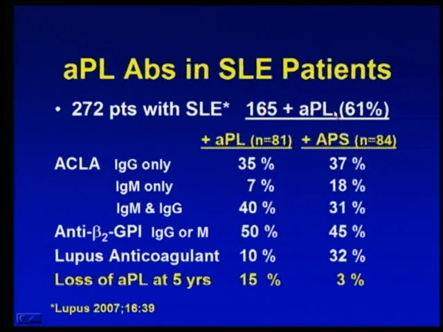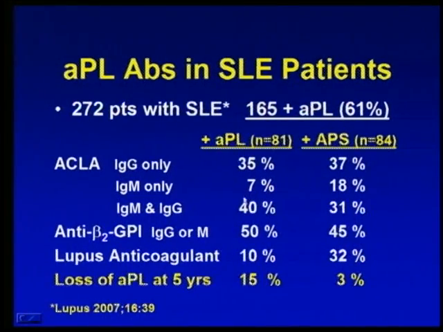And they looked at those patients in terms of their thrombotic history, obstetric history, and whether or not they had the antiphospholipid syndrome, and found that about half of those 165 patients did have diagnostic criteria for antiphospholipid syndrome. The other half of those patients with antibodies did not have antiphospholipid syndrome, but were antibody positive.